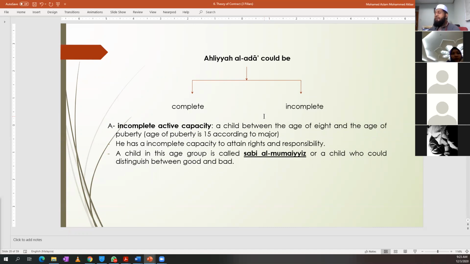But here, the guardian is still there, because if you are less than 15, remember, you are supposed to live under the guardian. You cannot do something without the permission of the guardian.